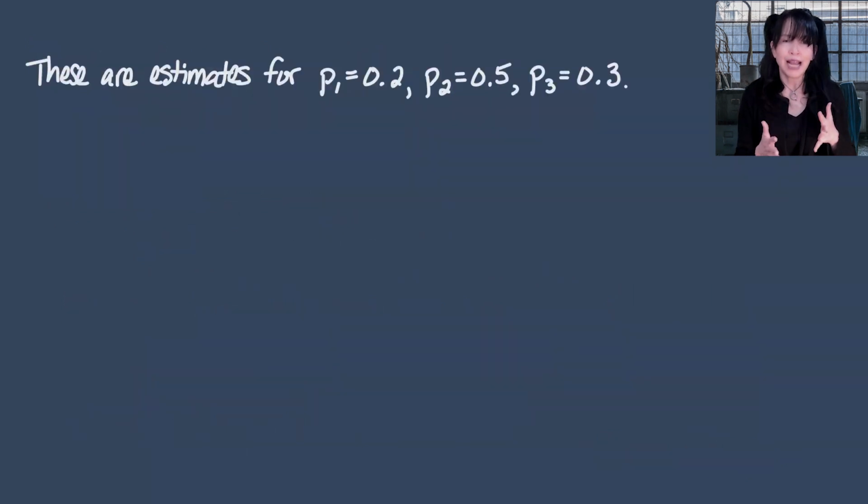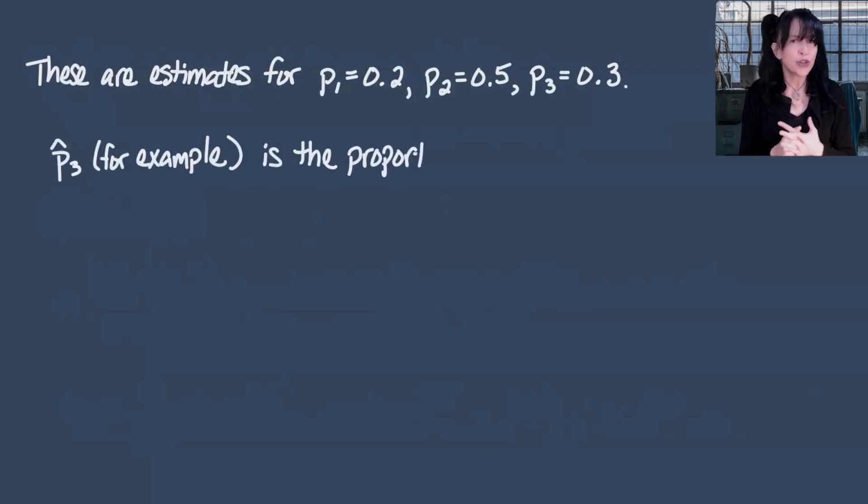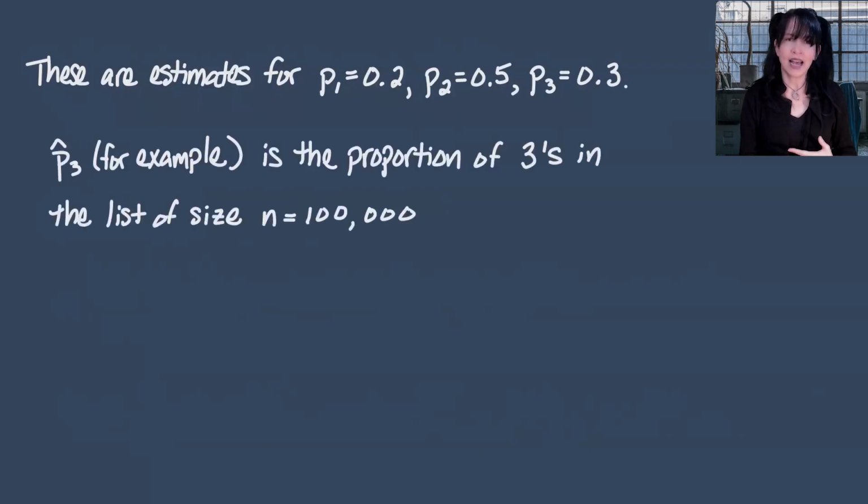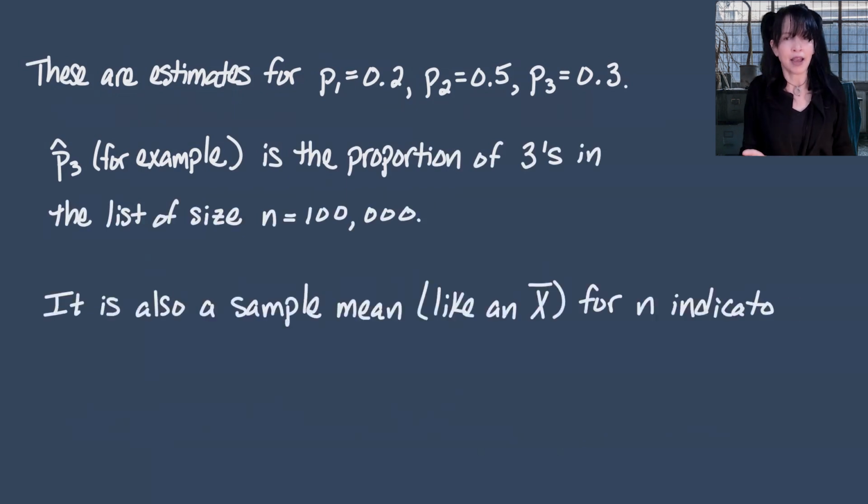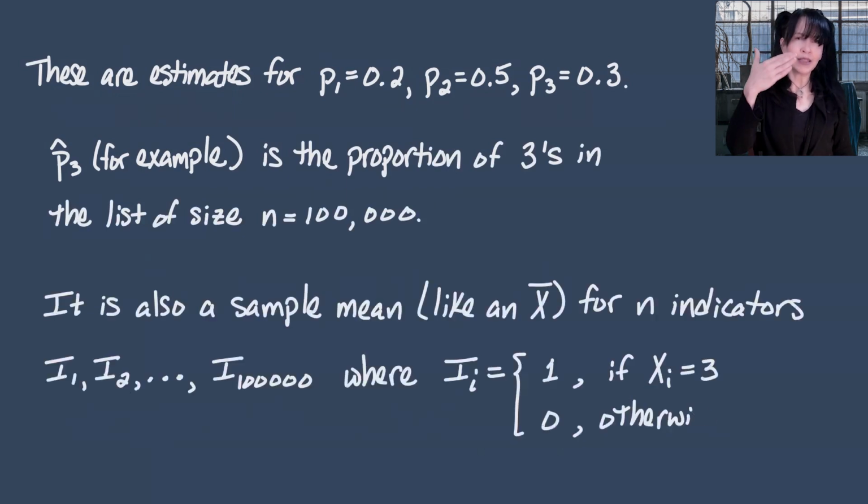Now, P3 hat, just as an example, is the proportion of 3s in the list that I have of my 100,000 simulated values. But it's also a sample mean, like an X bar. If you go through my list of 100,000 values and you say, I want to pick out the 3s, I want to return the proportion of 3s, you could instead go through that list and use an indicator variable and have that indicator turn on to be 1 every time you see a 3 and 0 otherwise.